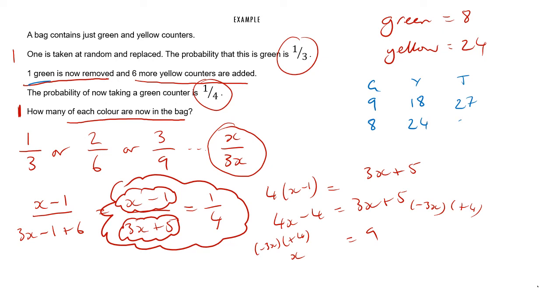So in total we had 32 counters, and we can see that this 8 out of 32 is equivalent to a quarter. So we can double check that our answer makes sense once we've got the numbers there.